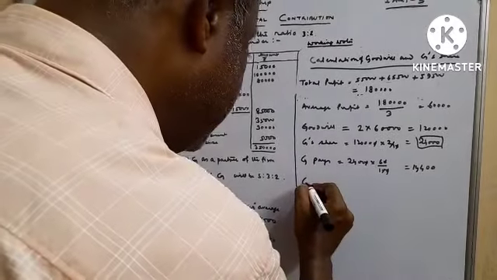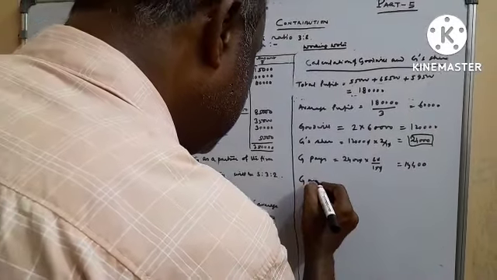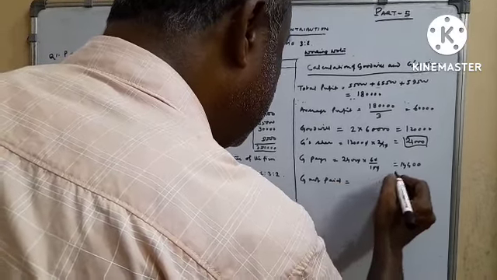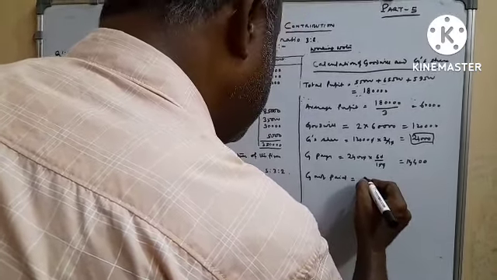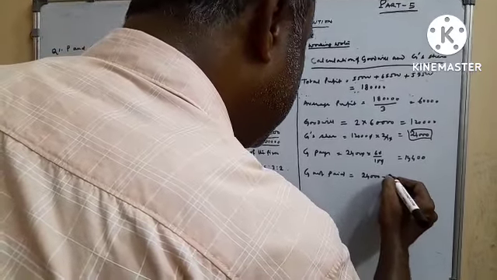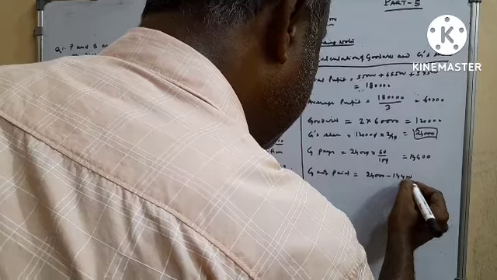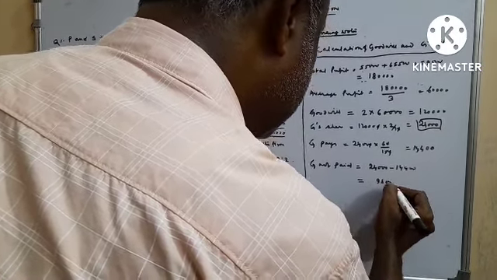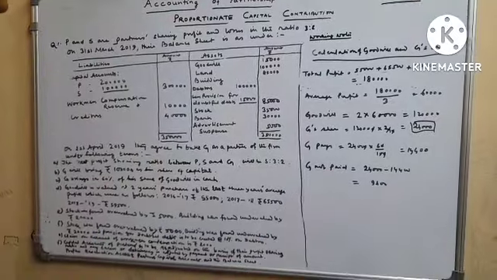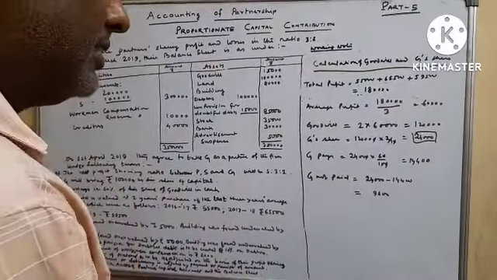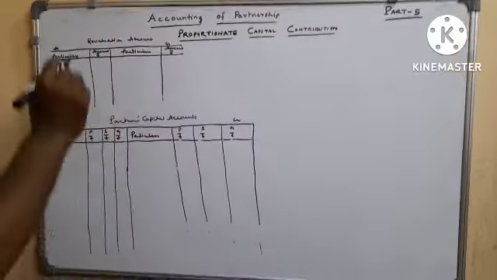G has not paid: total amount G has to pay 24,000 minus 14,400 equals 9,600. G has not paid how much? 9,600, and G pays how much? 14,400.